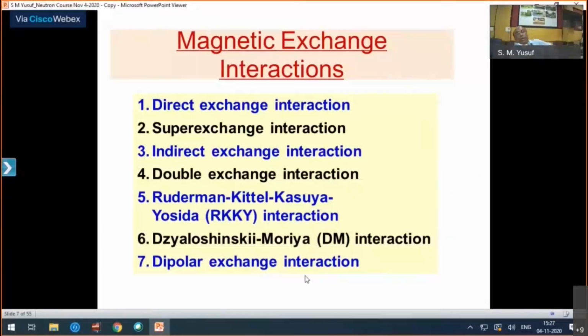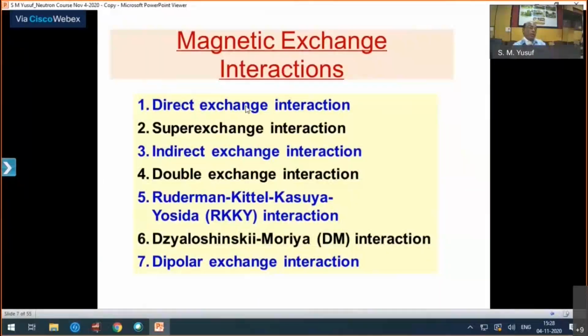So that is why, historically, the quantum mechanical exchange interaction had to come in, and the very first one, as you know, was the direct exchange interaction, given by Heisenberg. Heisenberg in 1924 proposed this direct exchange interaction, and in my next slide I'll give you the expression for that. It takes place when there are two orbitals.